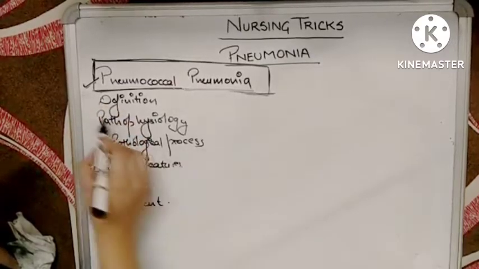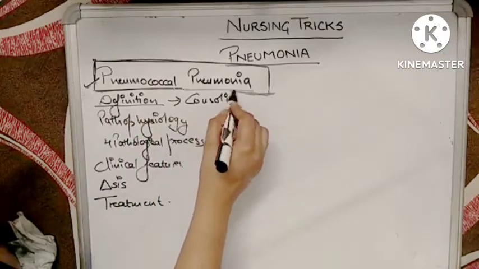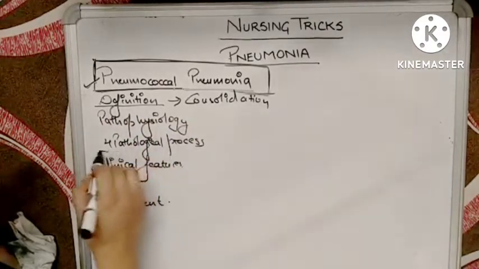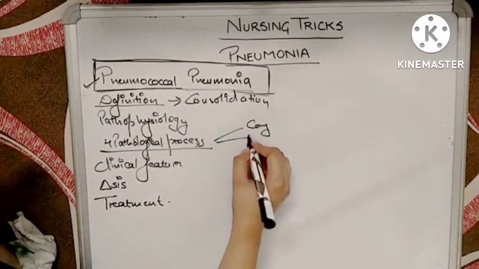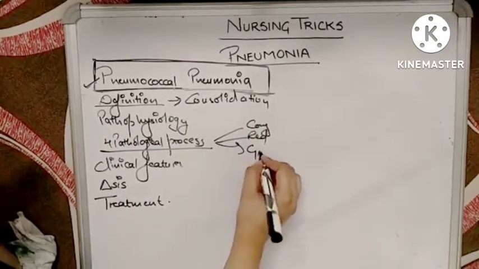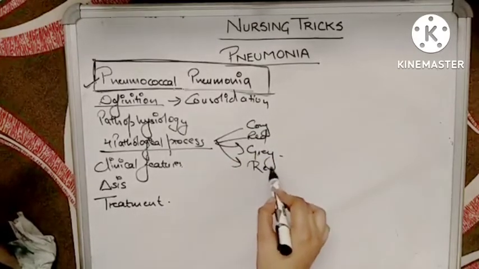In the definition, the word consolidation should be there. In pathophysiology, the 4 pathological processes are congestion, red hepatization, gray hepatization, and resolution.